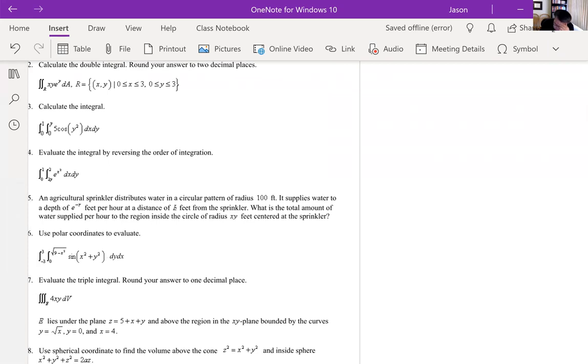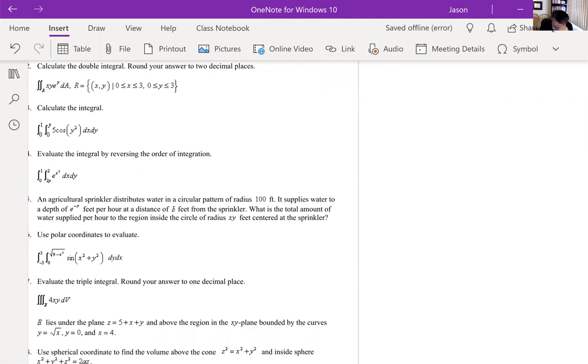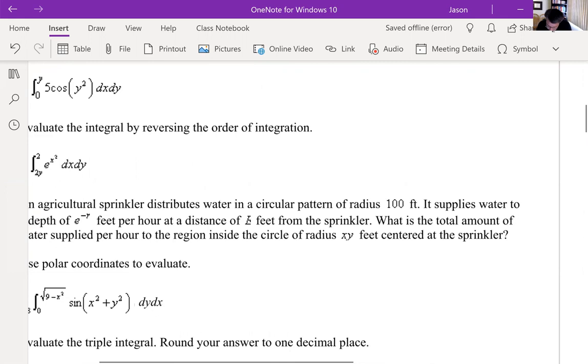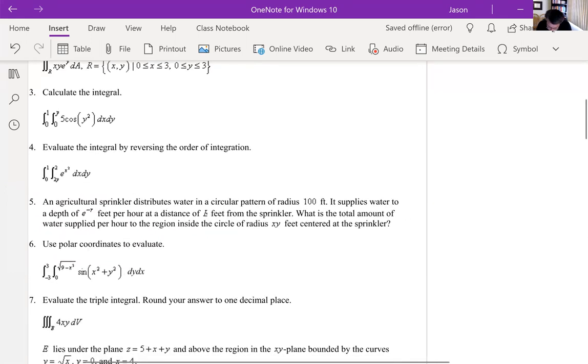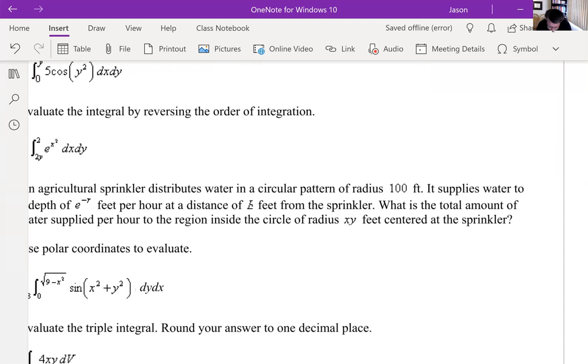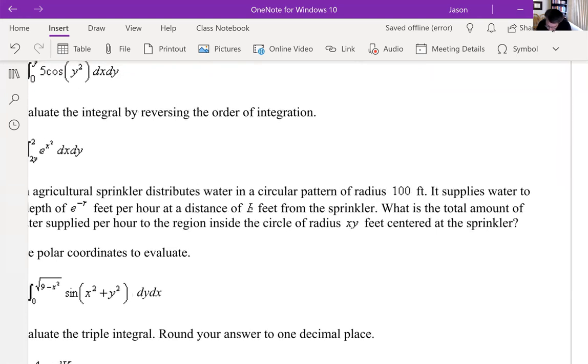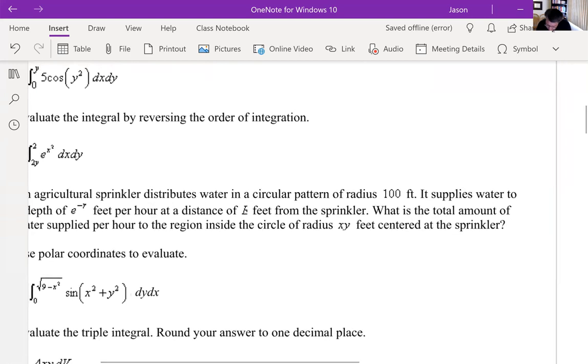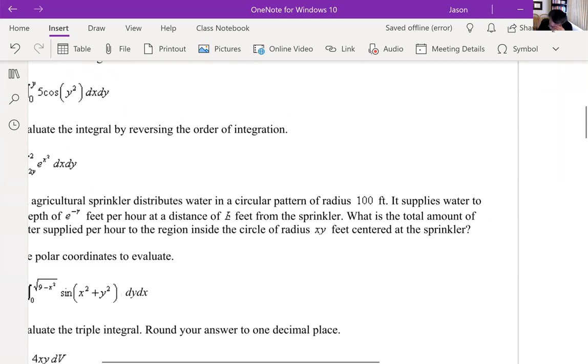It supplies water to a depth of e to the negative r feet per hour at a distance of r feet from the sprinkler. Okay, so it is an r.